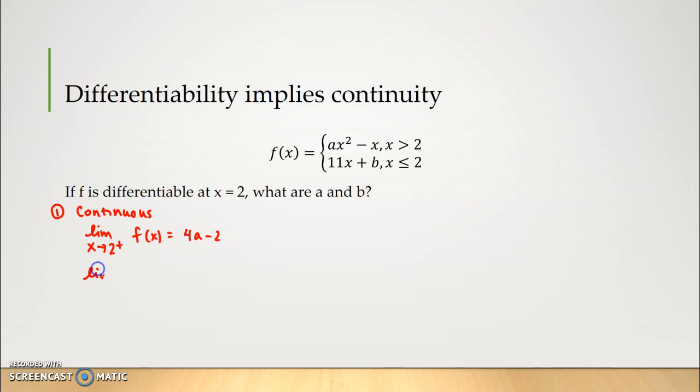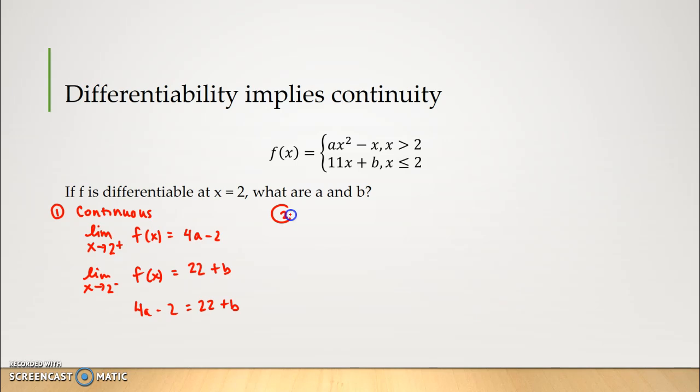And the limit as x approaches 2 from the negative direction would be 22 plus b. And we know that those two things have to be equal to each other. So 4a minus 2 has to equal 22 plus b because the function is continuous. So that's one piece of information that we get because of differentiability.